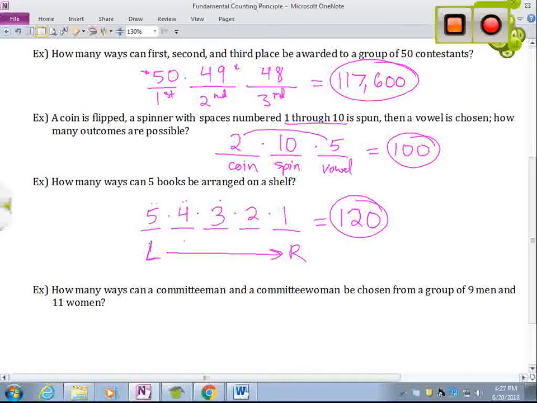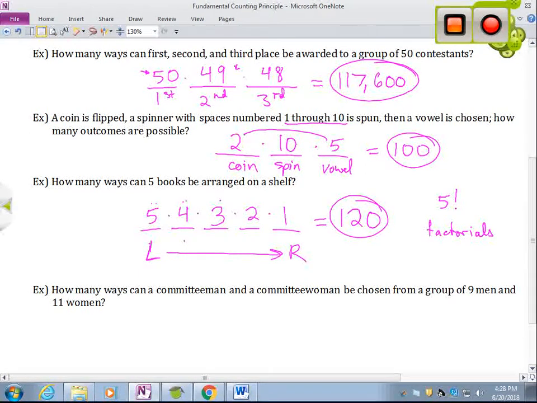okay? And if you're interested, there is a little bit in your book where you can look up something about factorials. Factorials are where we put an exclamation mark behind a number. Okay, so it looks like it says 5, but really it says 5 factorial is how we would read that. We're not going to do anything with factorials in this section, okay?